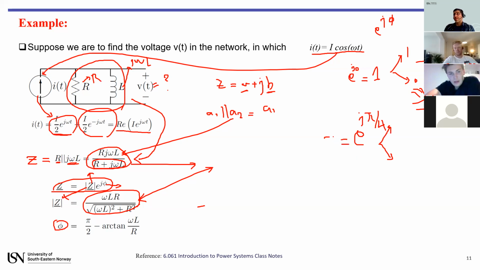If it is Z, what's the amplitude of this expression? 1. Yeah, the amplitude is 1. And what's the angle? 45 degrees. Yes. Or 45 degrees. And how can we show it in the complex plane?